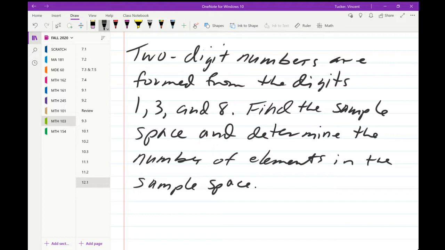All right, so two-digit numbers are formed from the digits 1, 3, and 8. Find the sample space and determine the number of elements in the sample space.